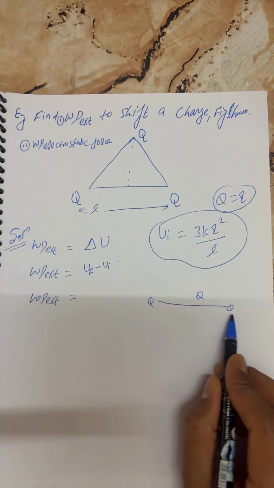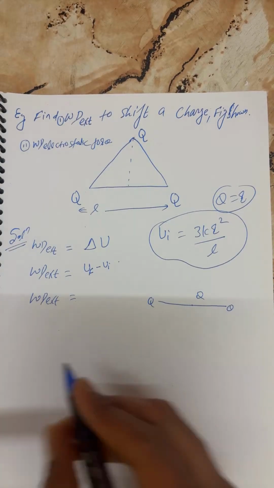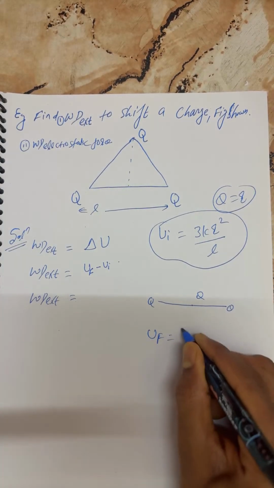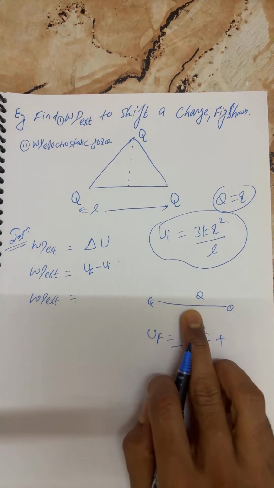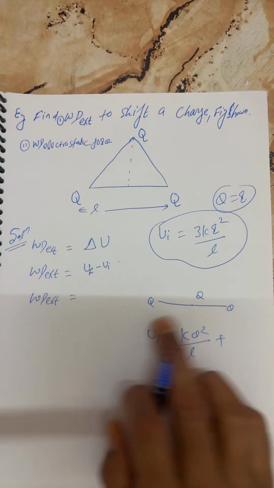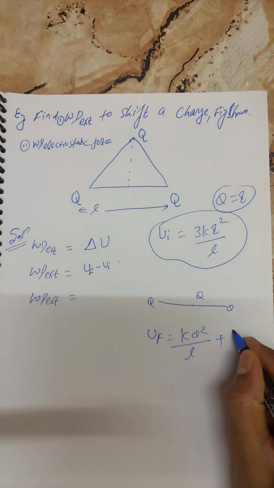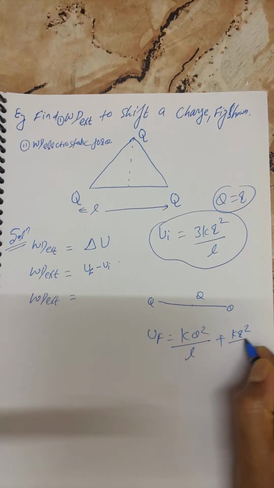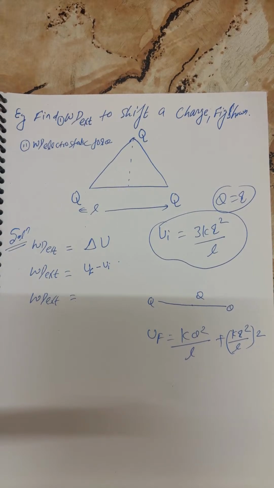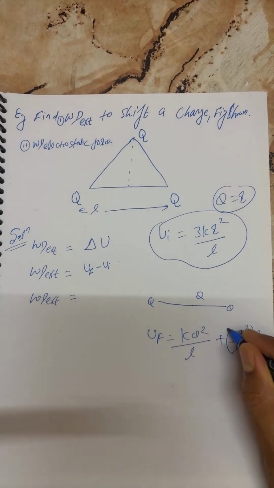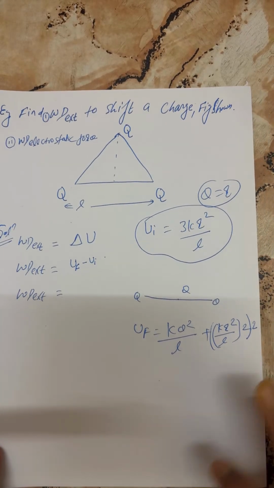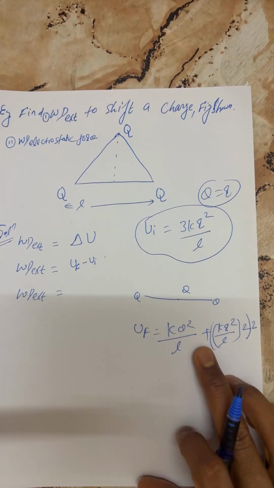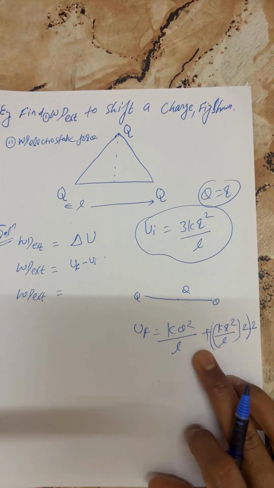So first, due to these two interacting charged particles, I'm writing U final individually. This is KQ square by L, plus the interaction potential energy due to these two charges, so this is KQ square by L by 2, and entire thing multiplied by 2, because you wrote this expression for two charges. Okay, my dear. Very good.